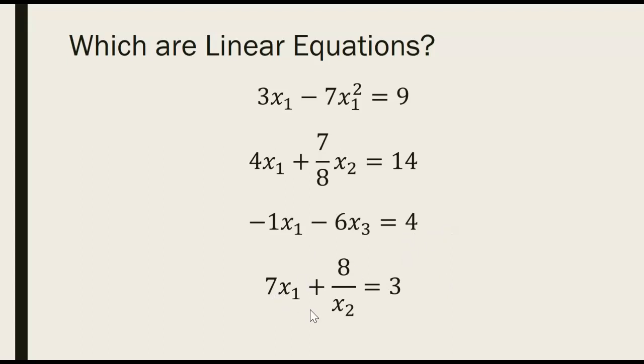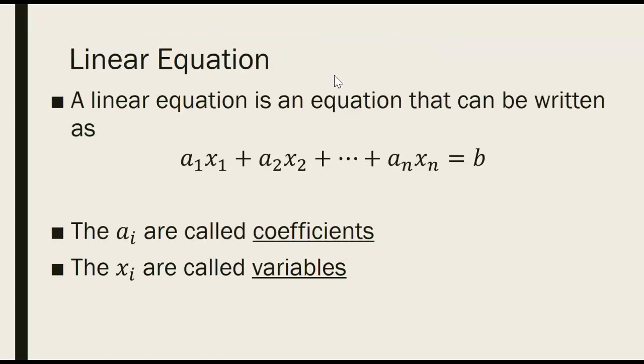This last equation is not linear. You can see we have 7x1 plus 8 over x2. Now, even though the variables are raised to the first power, this one is being divided. So because we're dividing, if I were to rewrite this in a way that puts it in the numerator, the exponent on it wouldn't be a 1, it would be a negative 1.